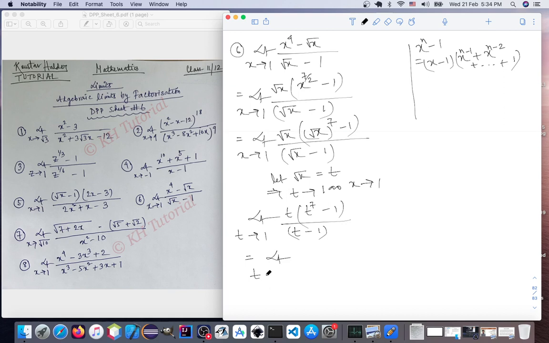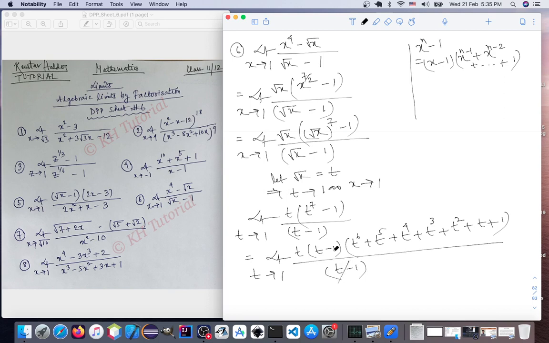This is t minus 1 times t6, t5, t4, t3, t square plus t plus 1, by t minus 1.